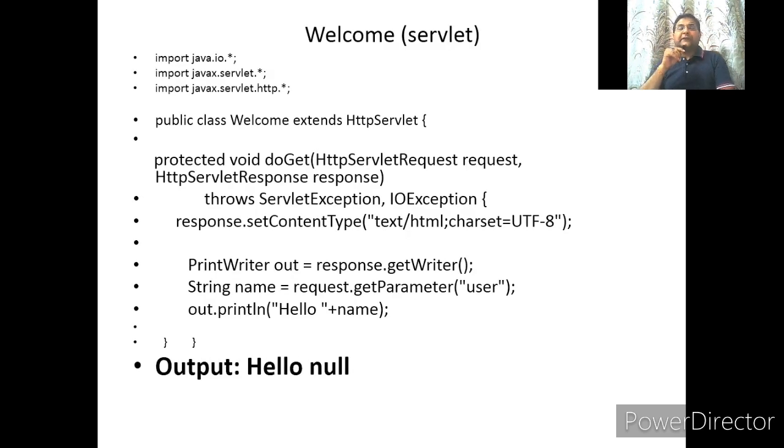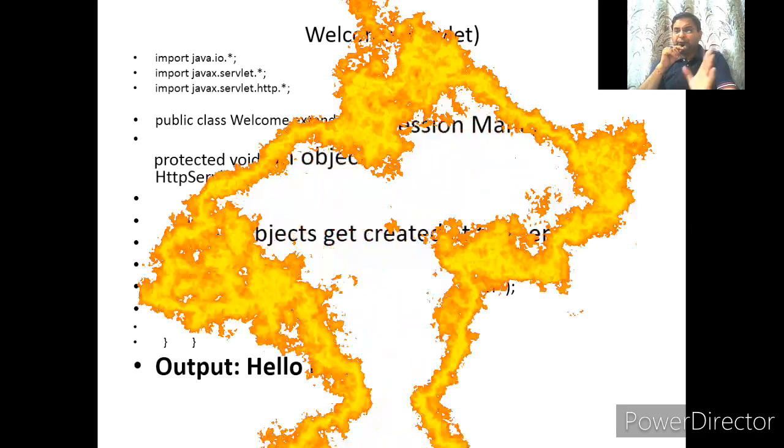What is present in the welcome servlet? Again, it will import three main files, and our servlet will contain one doGet method, and it throws again two exceptions. We are creating the out object, and we are writing out.println hello plus name.